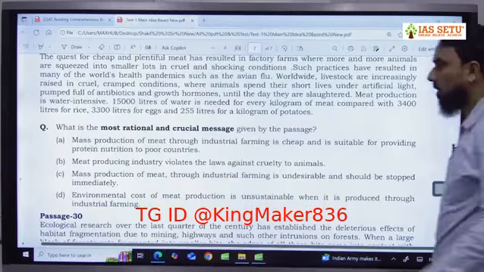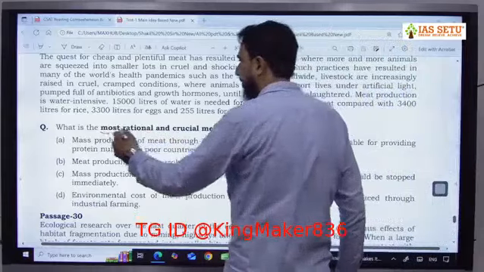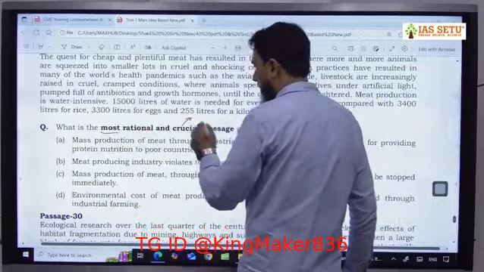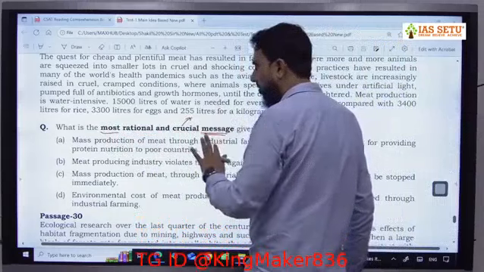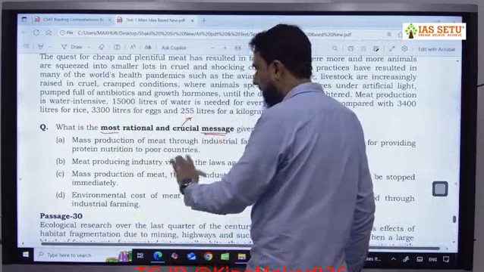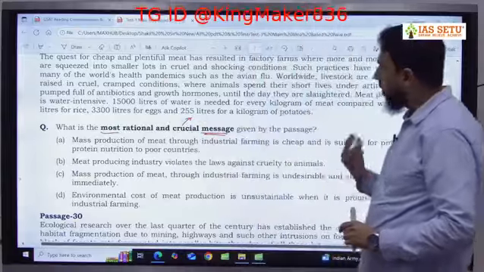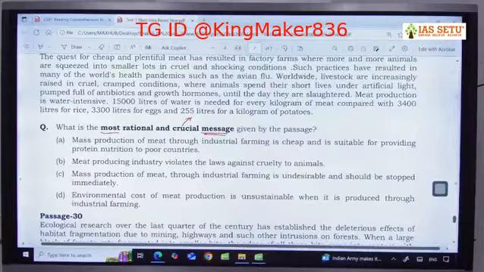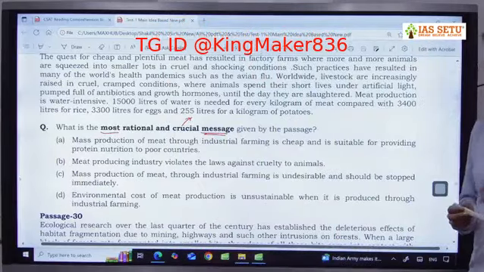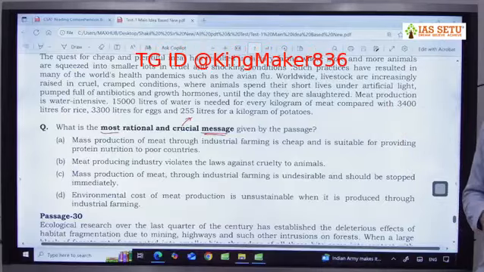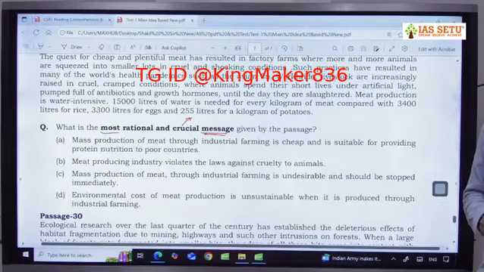So the keywords are highlighted here. Crucial. It means any message, just any message cannot qualify as an answer. It needs to be the most crucial. What is a message? Message is the author's takeaway from the passage, what he wants to convey in a broader sense to the readers from his passage.